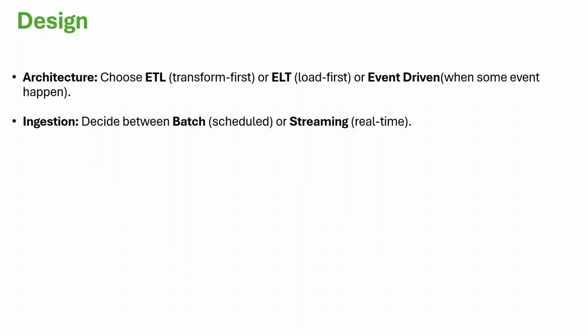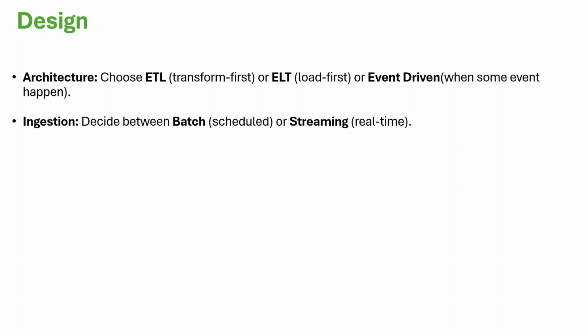Second is ingestion. You need to decide whether this will be batch or streaming. In the traditional world we used to process almost all data in batches, especially in the field of analytics. But now things have changed.